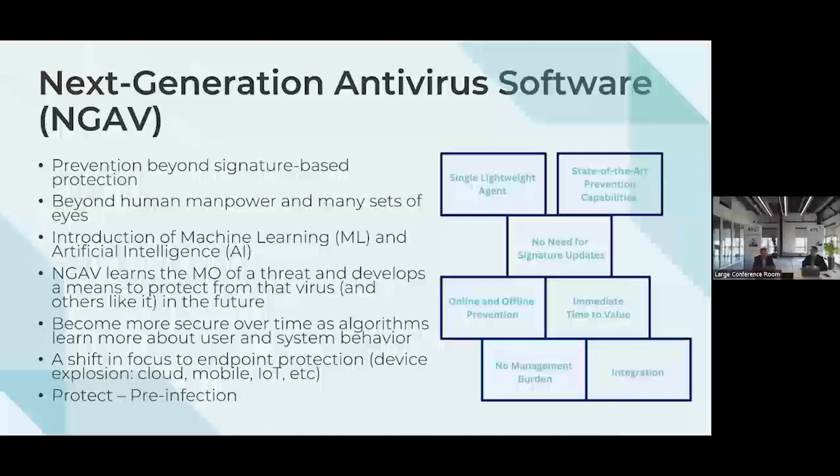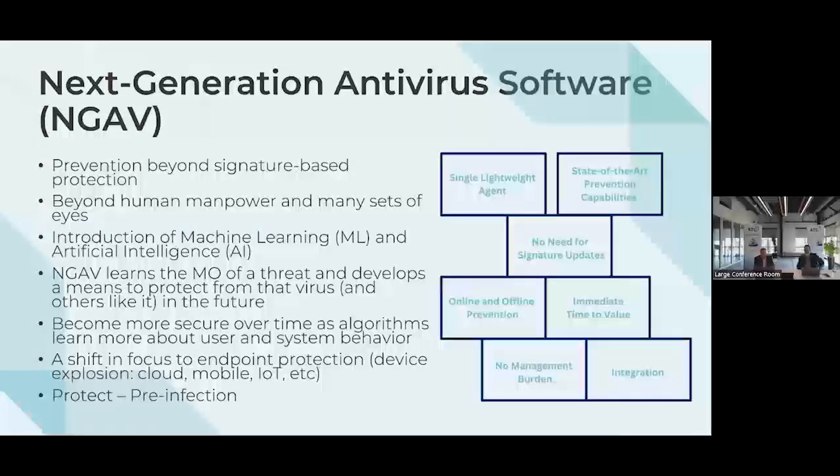It didn't require quite as much human power, and as many sets of eyes, to your point, as was very manual back in the day. At least with this, you could systematically point to update locations and have it pull signatures automatically.